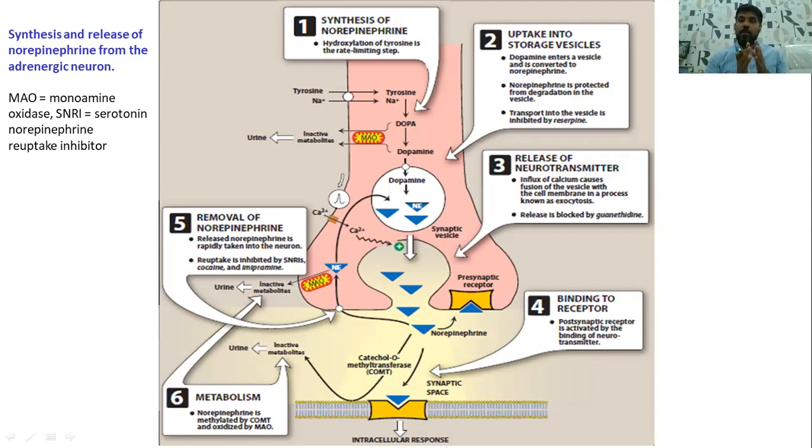We are going to talk about most of these medications in the fourth stage, inshallah, in drugs acting on the central nervous system.